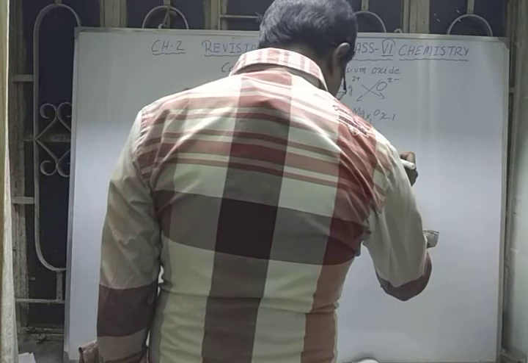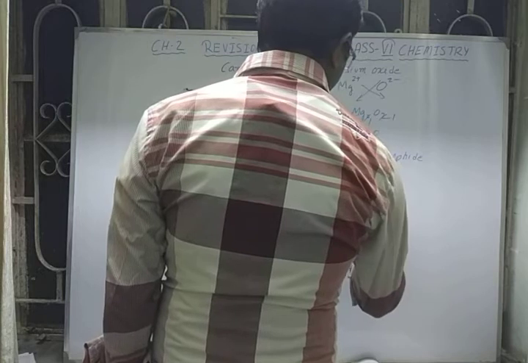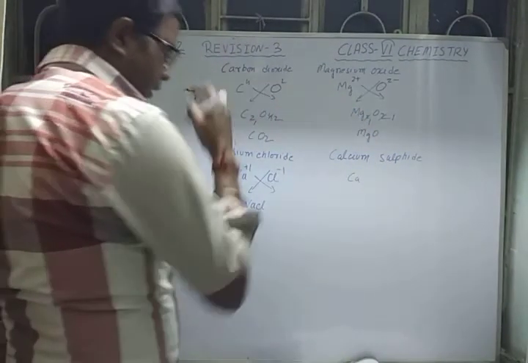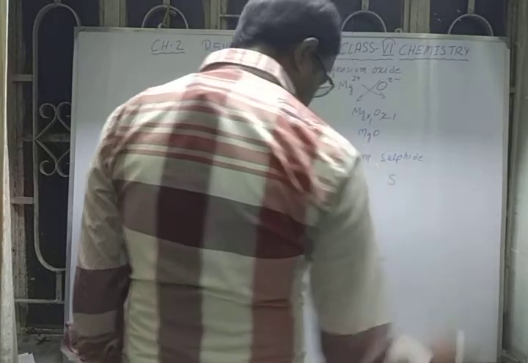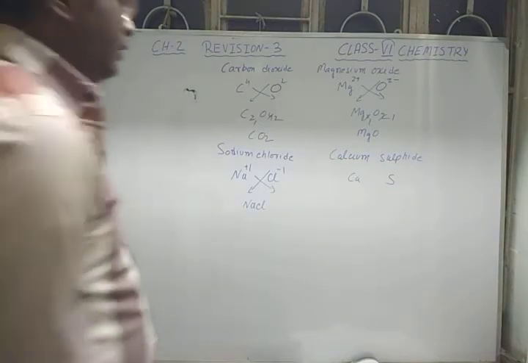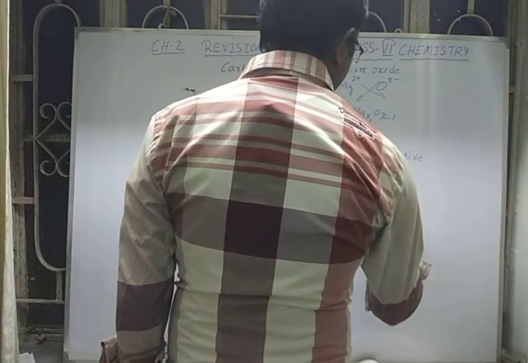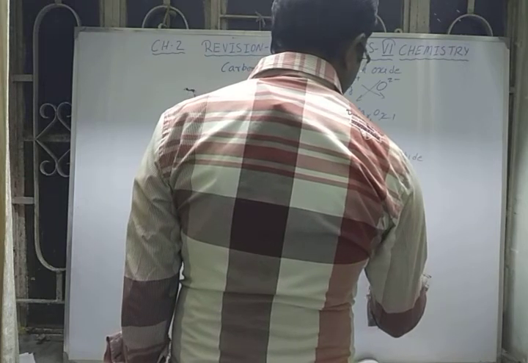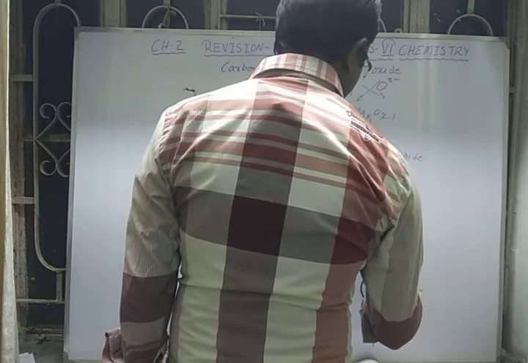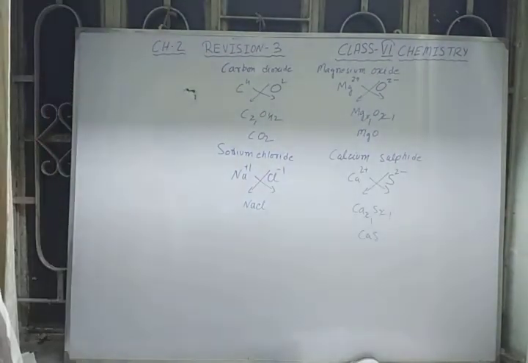Calcium is Ca and sulfide is S. Both calcium and sulfide have valency 2. So it will be 2 plus and 2 minus. When you do the crisscross, you will get Ca2S2. Cancelling the 2s, you will get CaS, the formula of calcium sulfide. In this way you can make the formula.